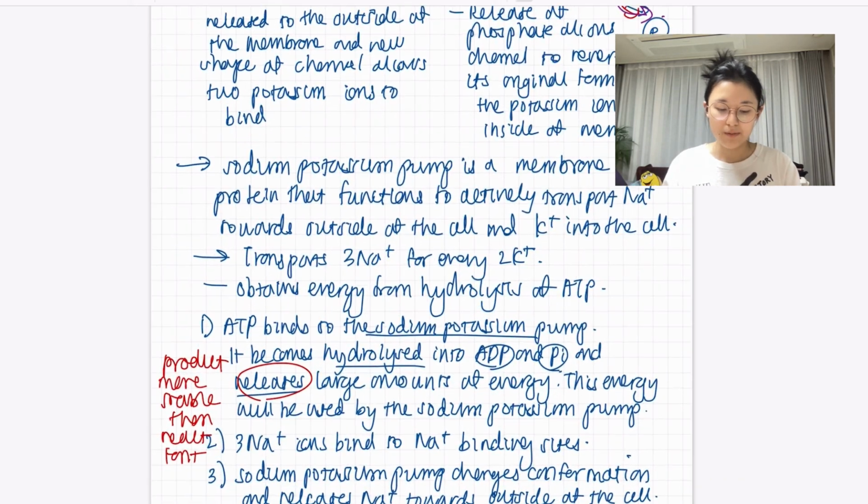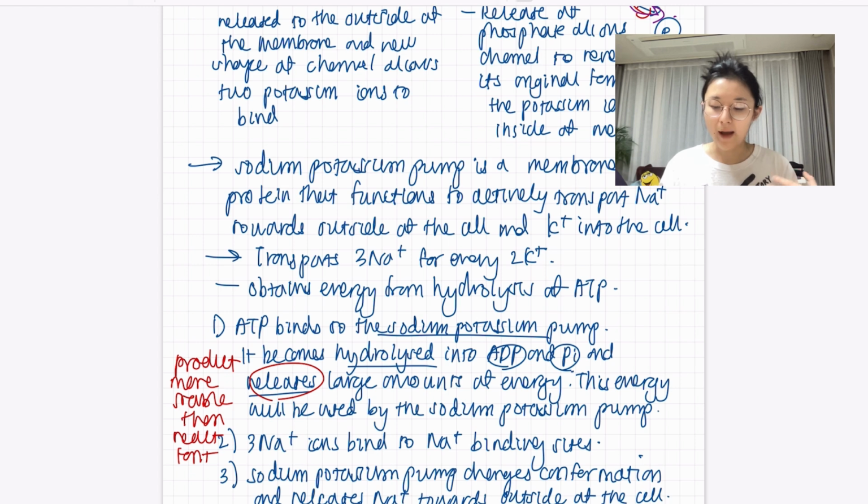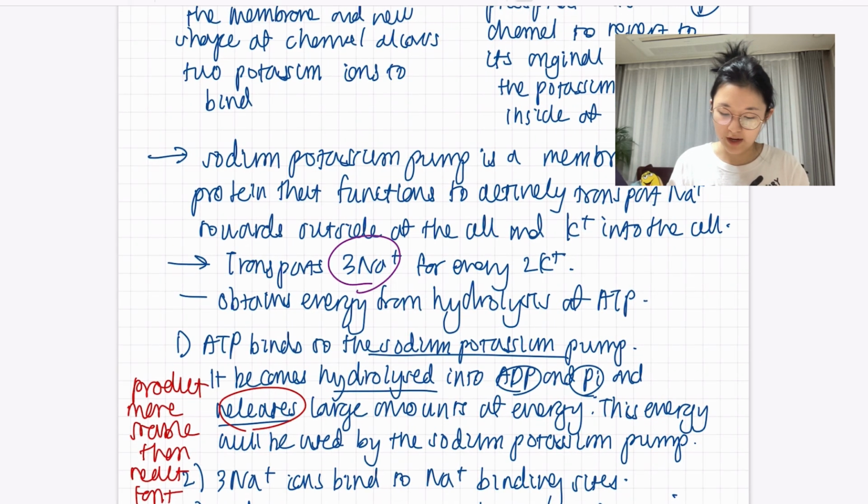The sodium-potassium pump is a membrane protein that functions to actively transport sodium ions to the outside of the cell and potassium ions into the cell, as we have seen above. The exchange rate for the sodium ions and the potassium ions is 3 sodium ions for every 2 potassium ions.